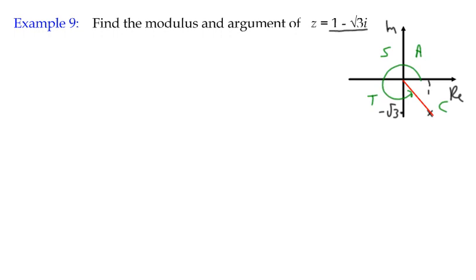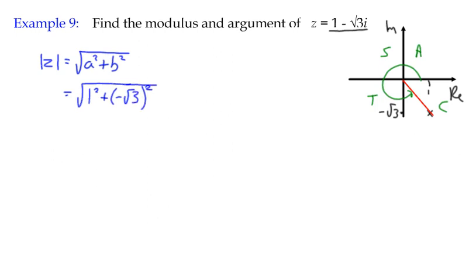However, we calculate the modulus and argument always in the same way. We can say that the modulus is the square root of the real part squared plus the imaginary part squared, which in this case, the real part is 1 and the imaginary part is negative root 3. Remember, don't put the i term in here, otherwise your answer is going to be really not right.